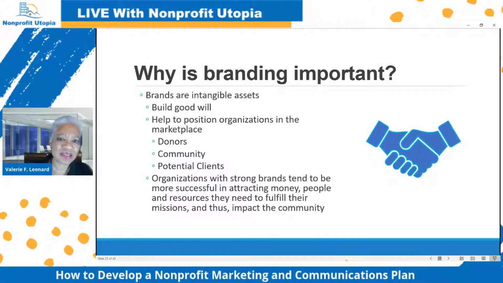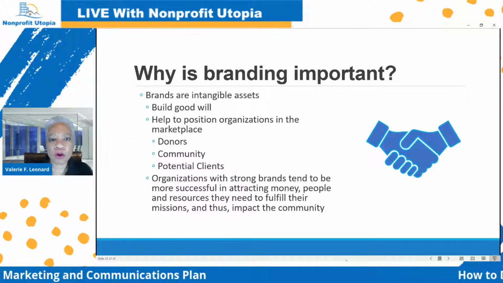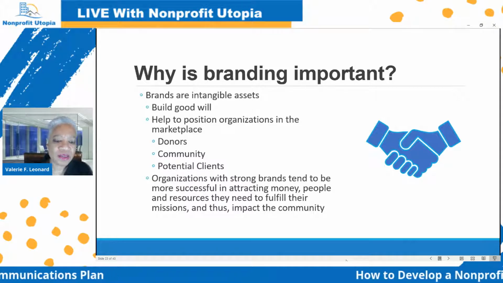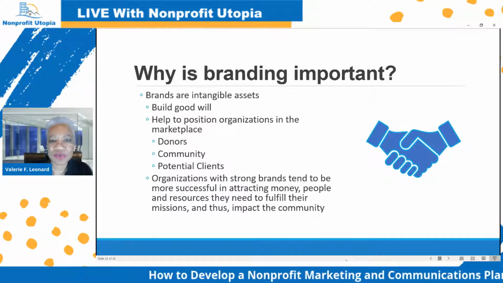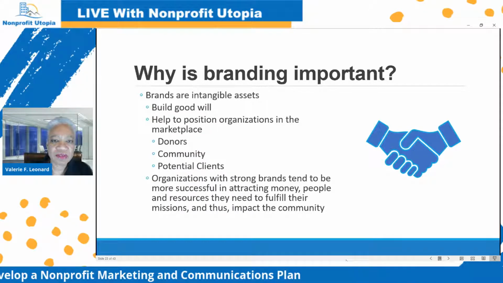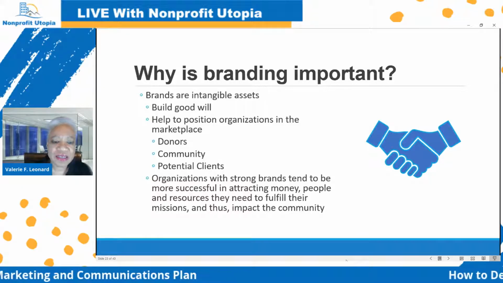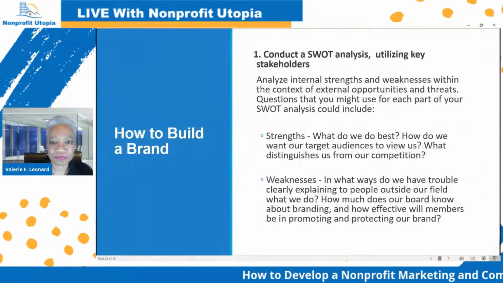Three, does your organization have a good rapport with its clients? So organizations with strong brands tend to be more successful, for obvious reasons, at attracting money and other resources, volunteers, in order to make the impact on their clients and community.